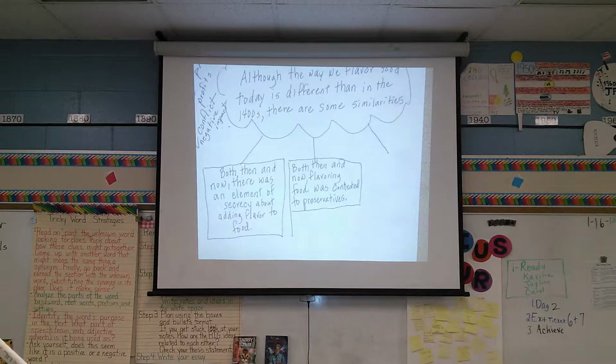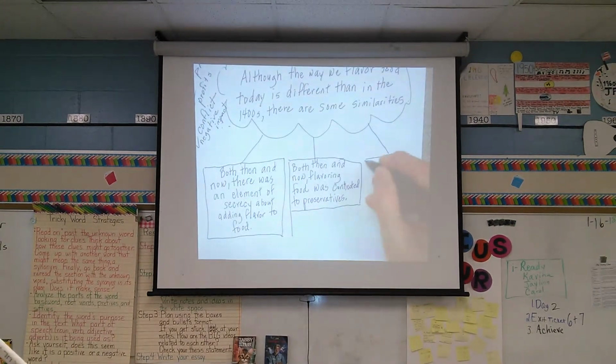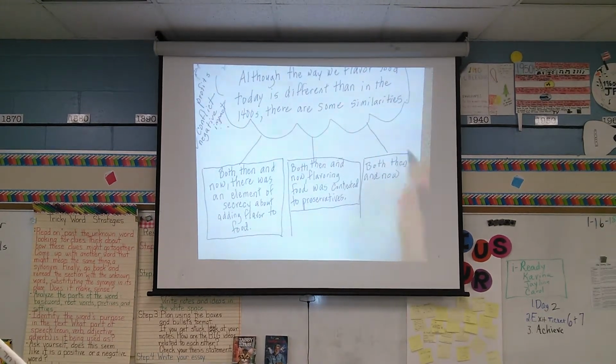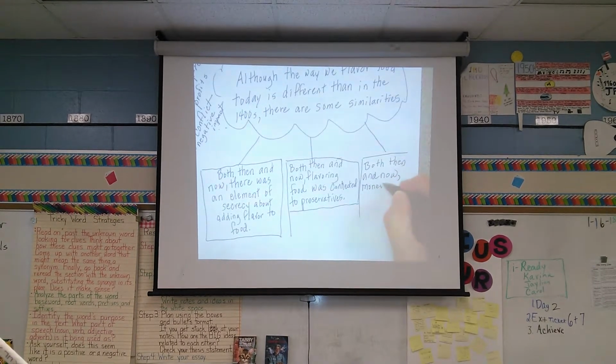Did somebody do a different one? Aiden and I. Okay, so both then and now, money, and then can you say the rest of it again?